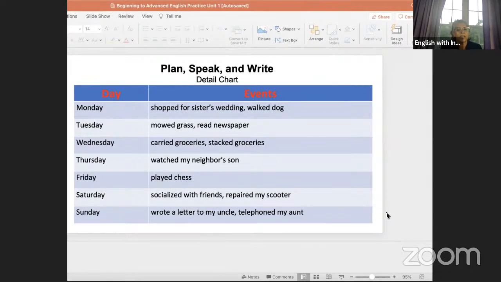In this, we are practicing about something. We're just imagining, that means pretending, that means just come up with the language. Maybe you didn't do that thing, but you just gonna say it for the language practice. So you can pick anything from the screen on Monday or Tuesday or Wednesday or Thursday, Friday, Saturday or Sunday, and then let's talk about it.